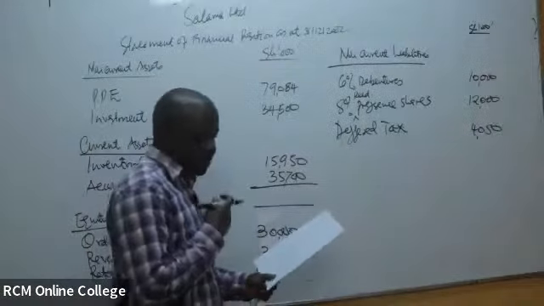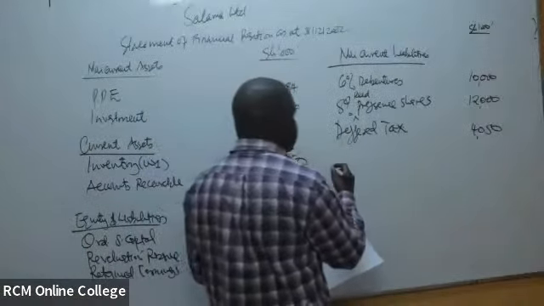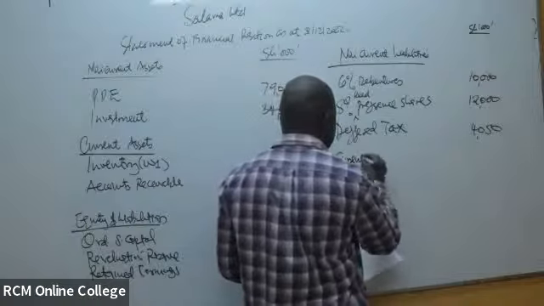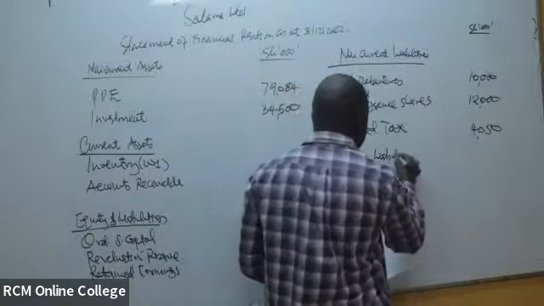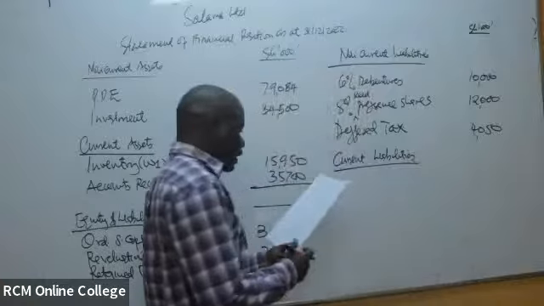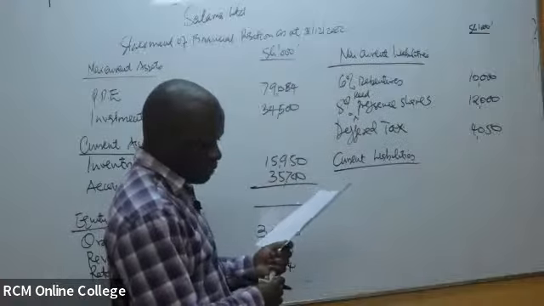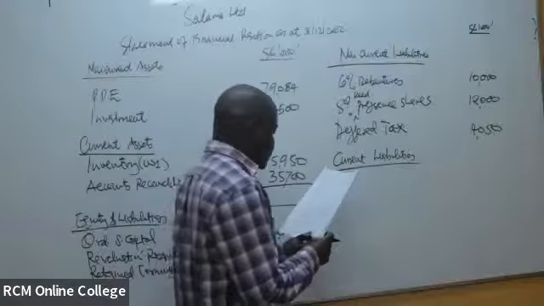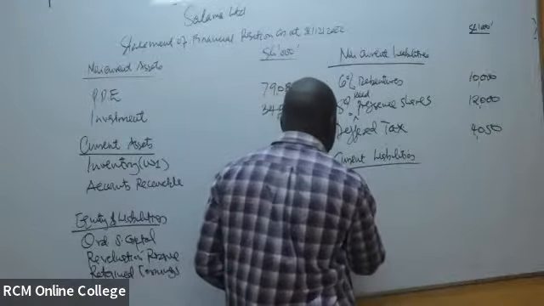Then we have the current liabilities. For the current liabilities, we have in this case a bank overdraft. I think you can see it. There's a bank overdraft there of 1680.